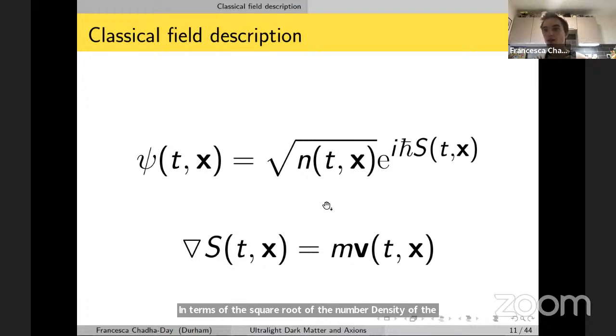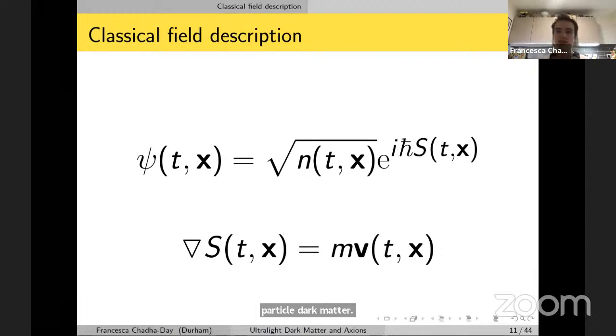So it's really normalized to the dark matter number density rather than to 1. And this phase factor corresponds to the velocity of the dark matter. And these are really the two key things we think of when we think of particle dark matter. So you can move between this field and this particle description.